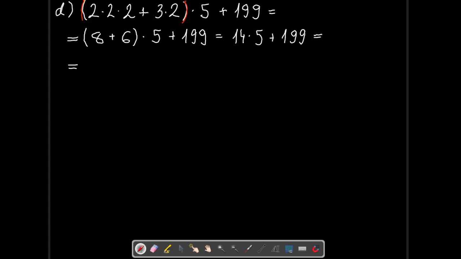So let's see. This equals 14 times 10 divided by 2, since this is 5. So we add an extra 0 to 14, divided by 2, gives us 70.